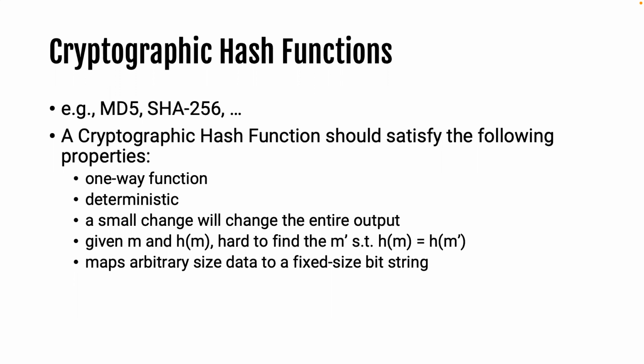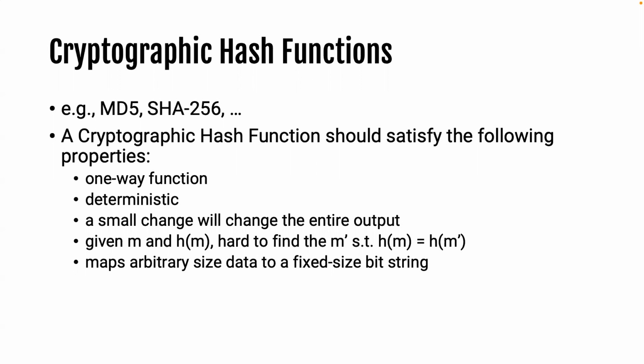You should already know some hash functions, like MD5 and SHA-256. Especially when you download software, sometimes they give you the MD5 or SHA-256 so that you know the software you downloaded is the right one, the non-manipulated one. A cryptographic hash function should satisfy certain properties.